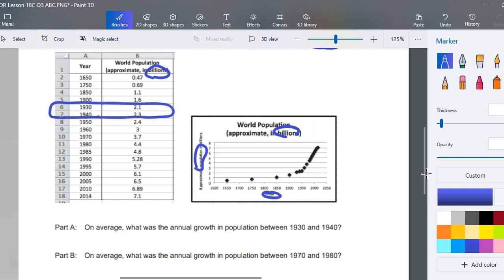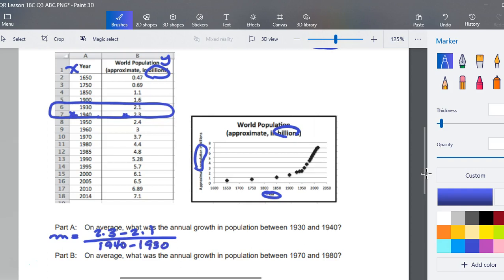Looking here, we could calculate a slope. Years are most likely our x's, and population is most likely our y. We would take one of our y's minus the other, starting down here with 1940 minus 1930.